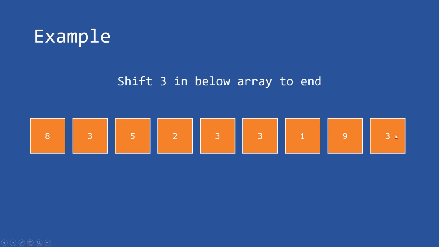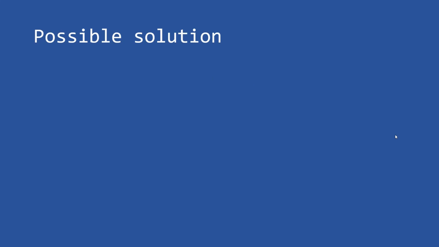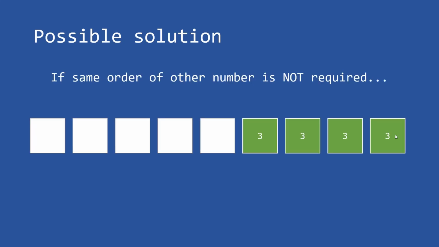Okay. Now there are two possible kinds of solutions for this problem. So the very first solution is that when you provide a solution, all the instances of 3 are obviously at the end of the array, because that is at least what you need to do.